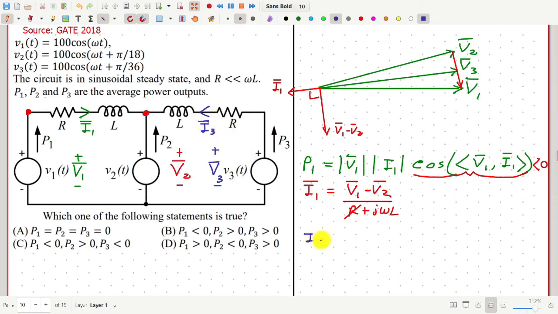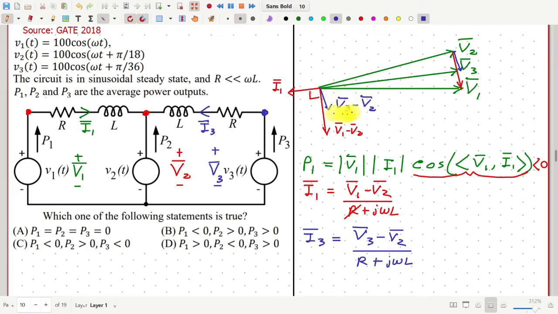Then I3 bar is V3 minus V2 divided by R plus j omega L. Now V3 minus V2 will be somewhere here. So I can draw it here as well. It will be very close to this. This is V3 minus V2.